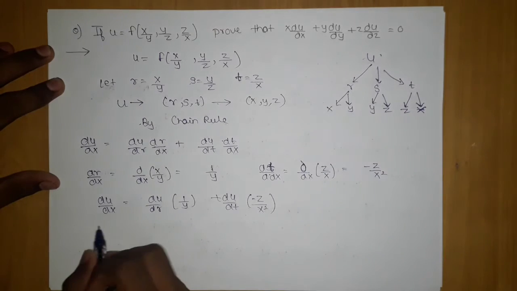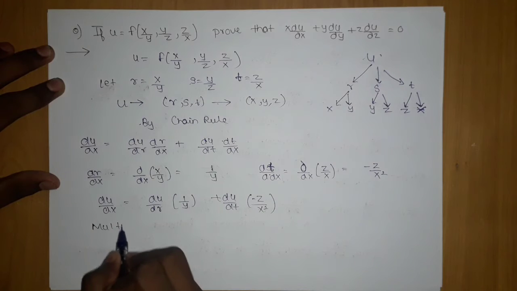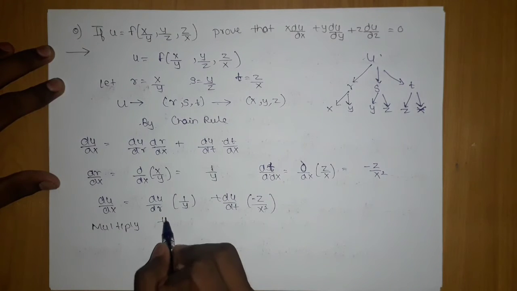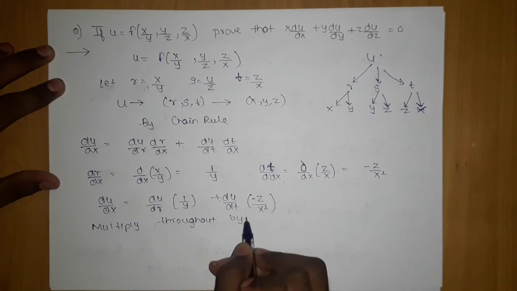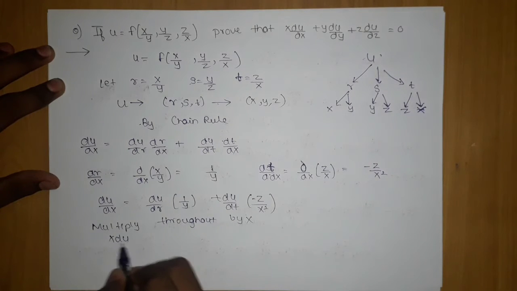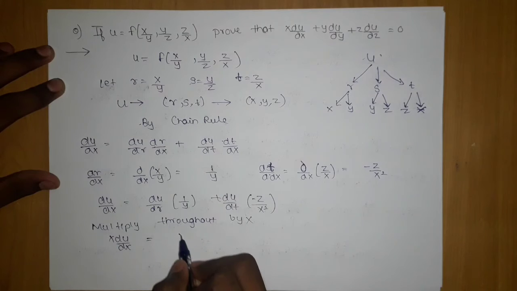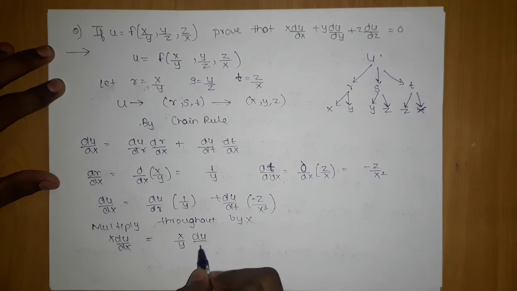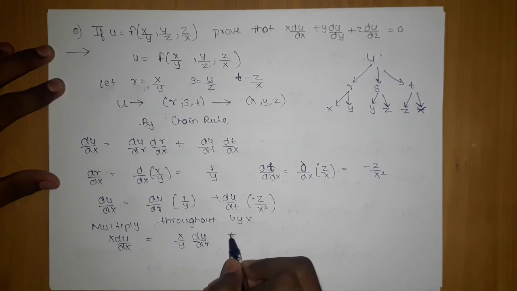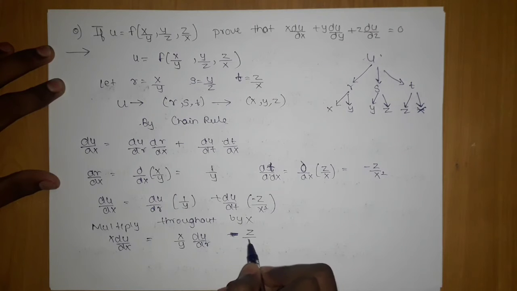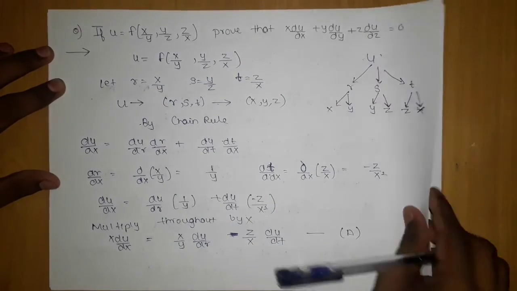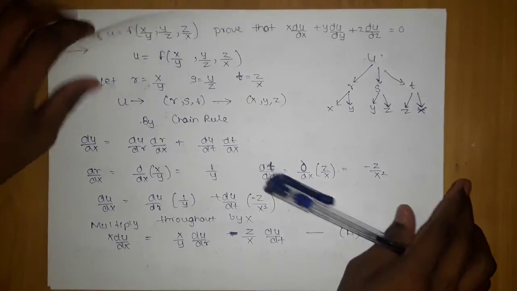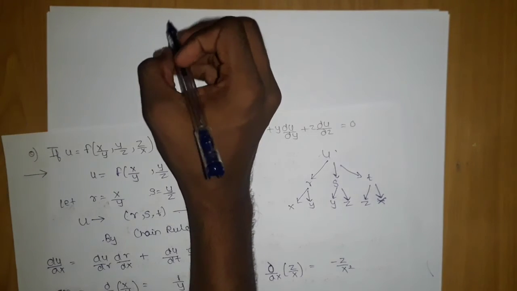Here if I multiply throughout by x, x ∂u/∂x equals x by y ∂u/∂r plus minus z by x ∂u/∂t. Just call it A. Now we are going to do the same thing which I did in the previous problem.